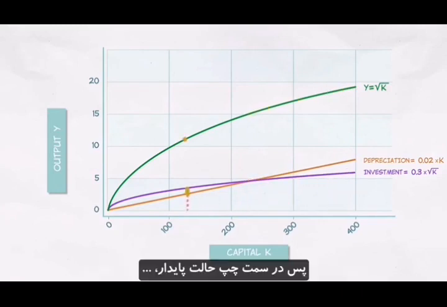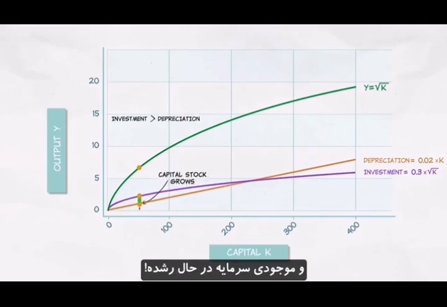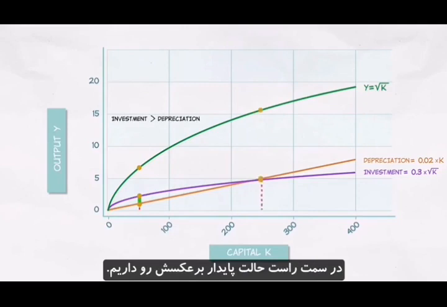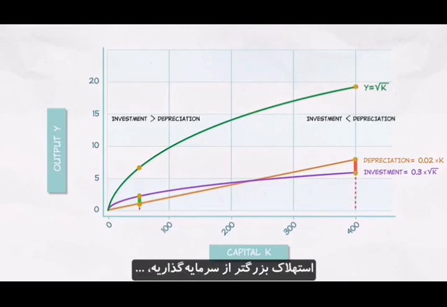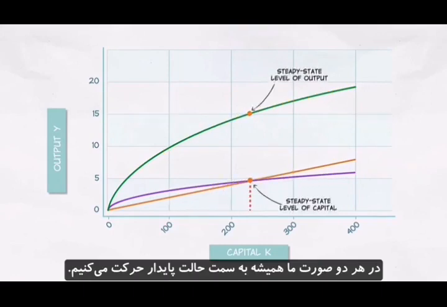So to the left of the steady state, we have investment greater than depreciation, and the capital stock is growing. To the right of the steady state, we have the opposite. Depreciation is greater than investment, and the capital stock is shrinking. Either way, we always end up moving towards the steady state.